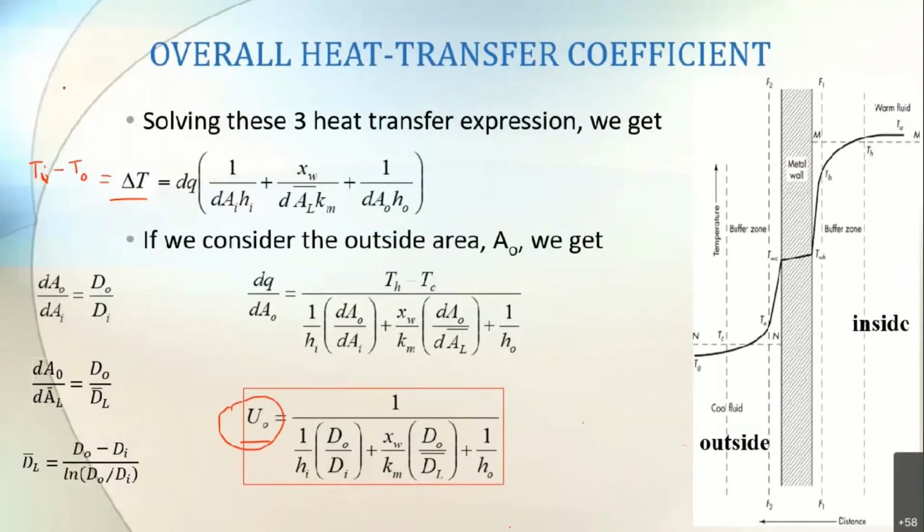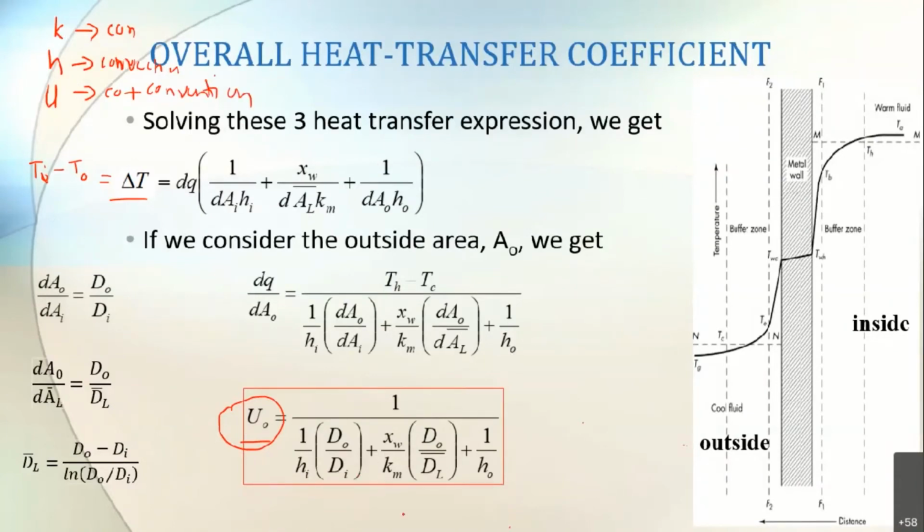Remember we had K, H, and U. You can say that K is for conduction, H is for convection, and U is for conduction plus convection.